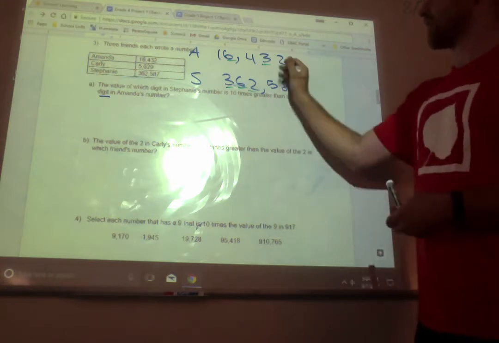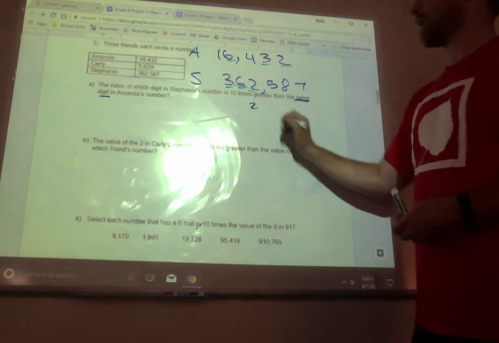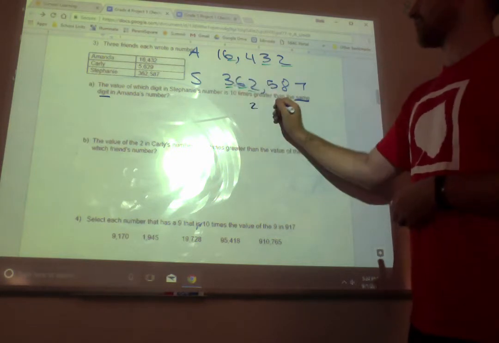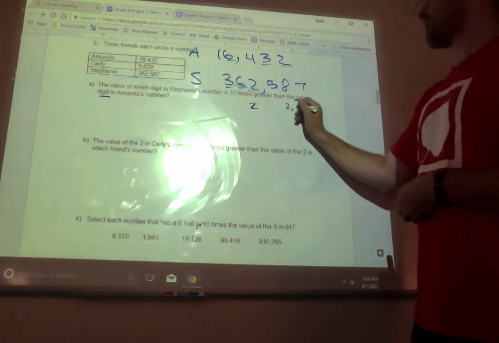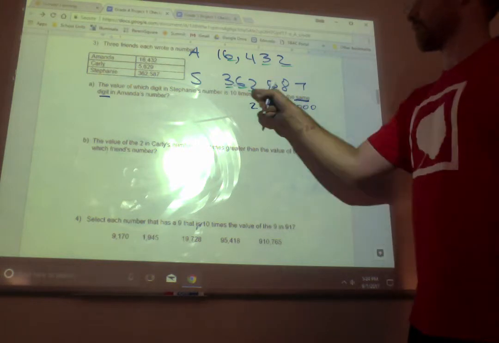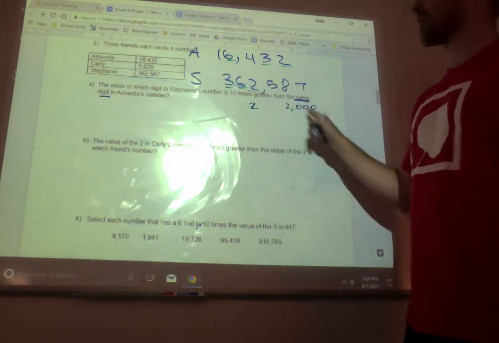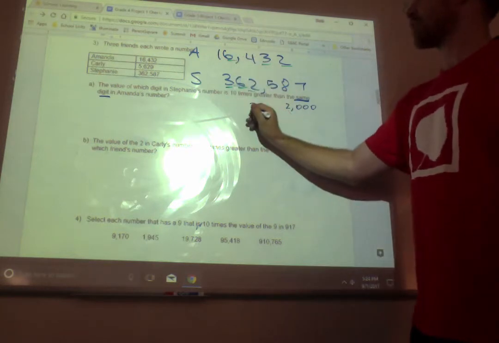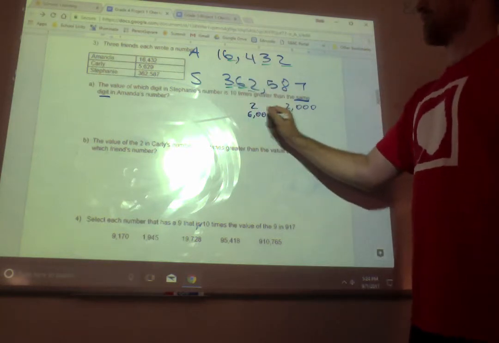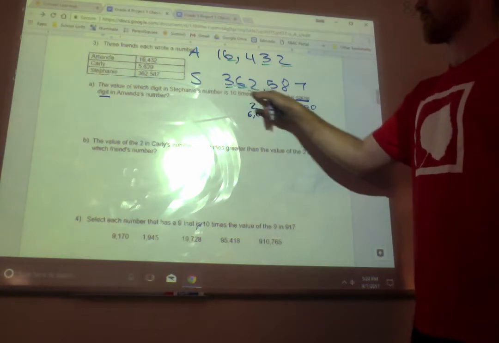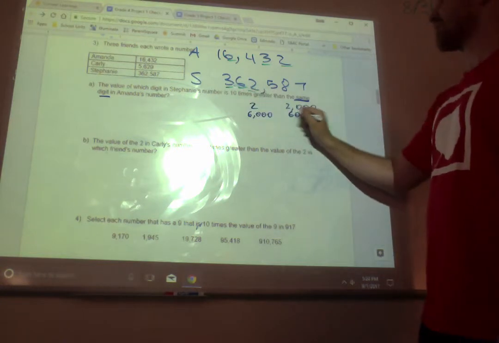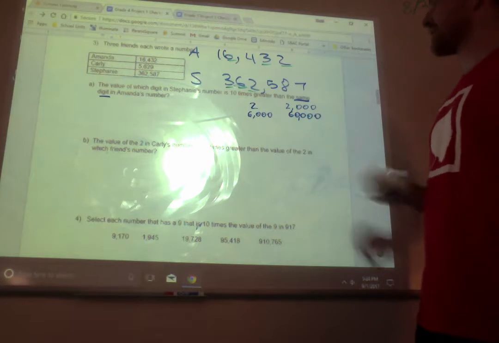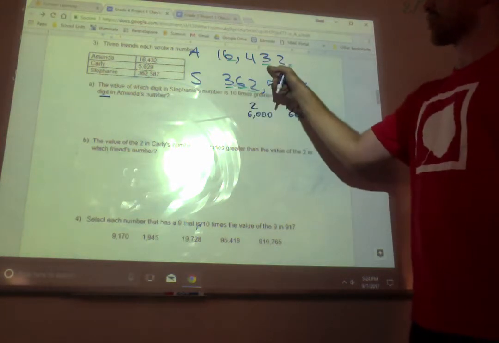So what I'm seeing here is a 2 in Amanda's number and a 2,000 in Stephanie's number. That's 2 in the thousands place. I see a 6,000 in Amanda's number and a 60,000 in Stephanie's number.